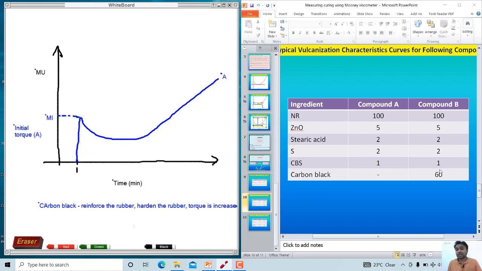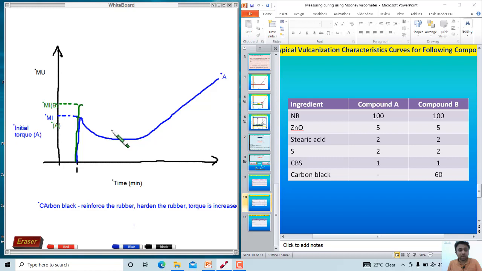Due to this carbon black in the compound B, it should be a higher value, right? Mi of B, here A, right? Initial torque of B compound.